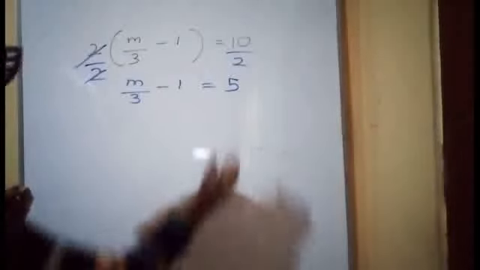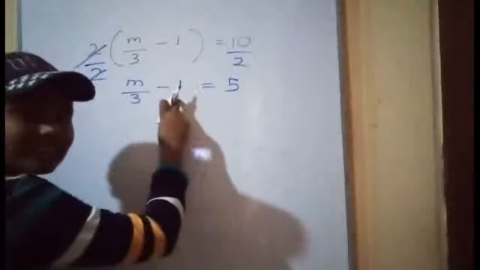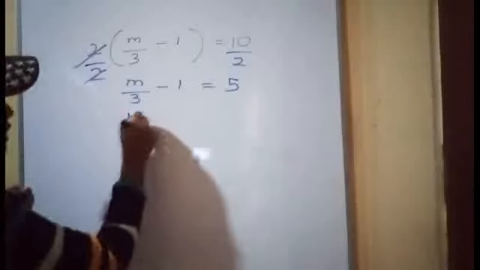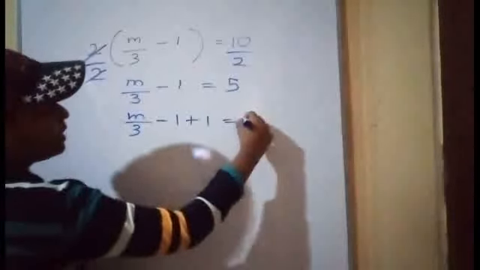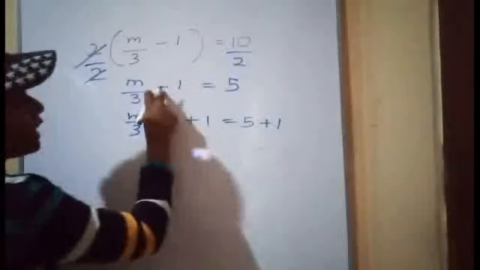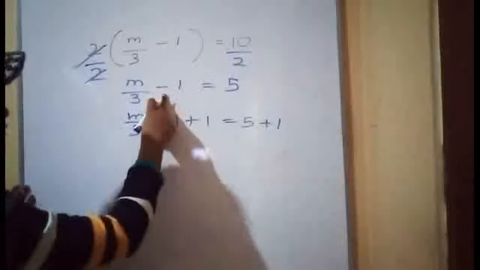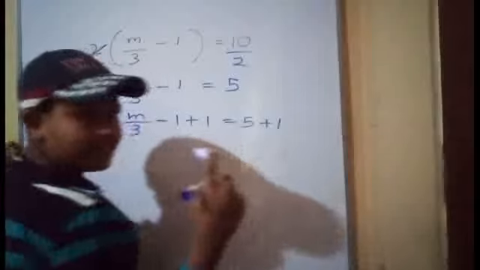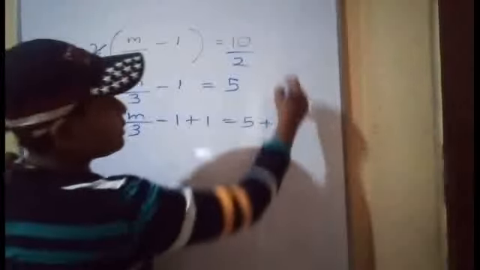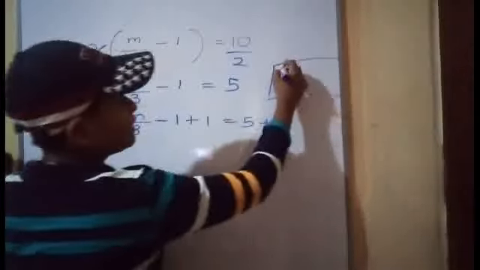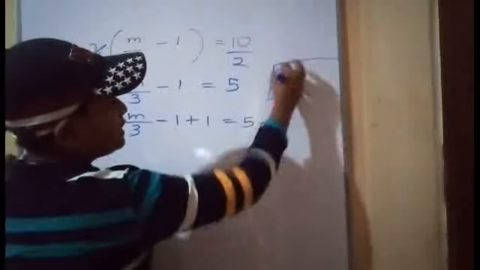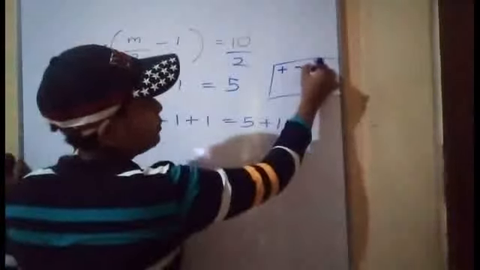On this side we want to remove this 1. This is the trouble, m divided by 3. We want to subtract 1 from both sides because it is plus. In grade 8 equations I used this method: if the equation has plus, we do subtracting on both sides.